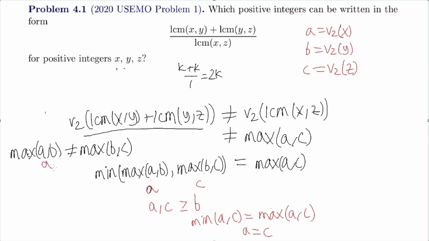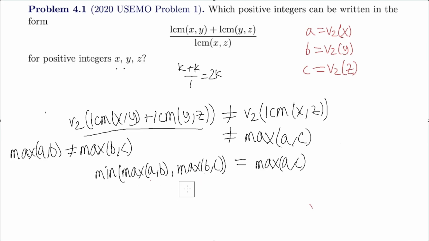But then this is A and this is C, as we said earlier, and that doesn't work. So therefore, we have gone through all the cases and figured out that minimum of max AB, max BC cannot be equal to this, given that this here holds.